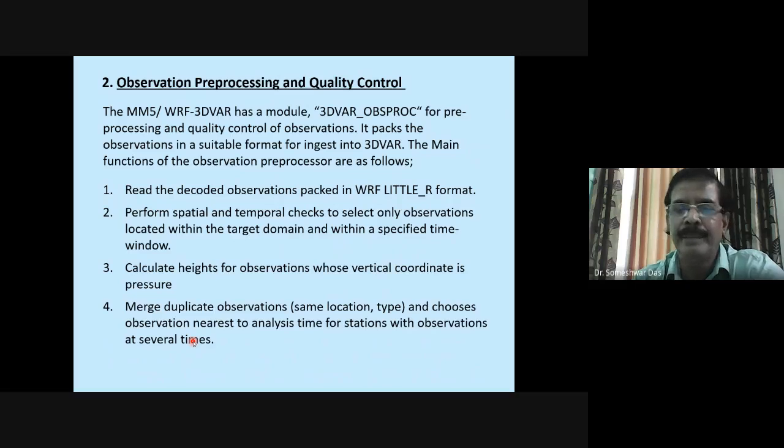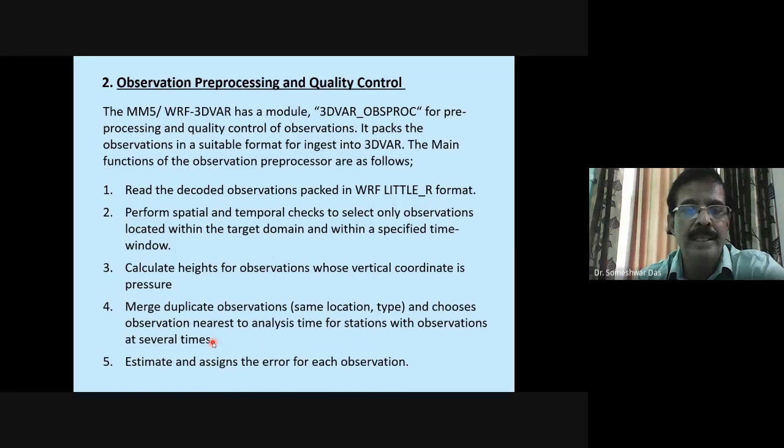Any observation which is reported nearby is almost treated like a duplicate observation. So such duplicate observations should be merged, and choose the observation nearest to the analysis time for stations with observations at several times. Okay, these are the functions of the 3D VAR OBSPROC.